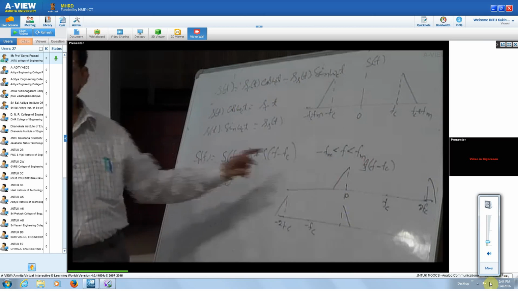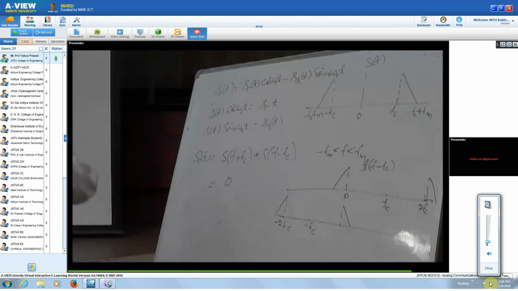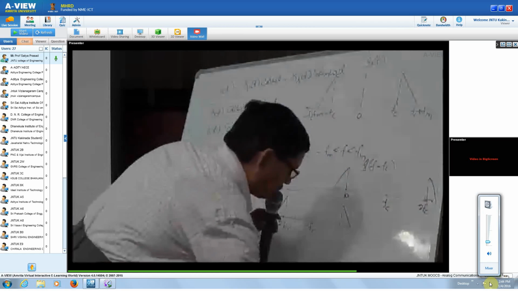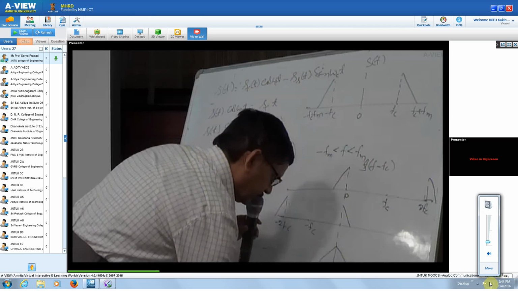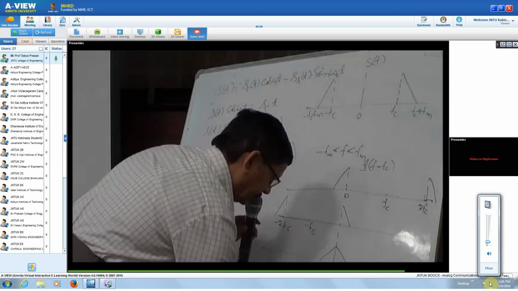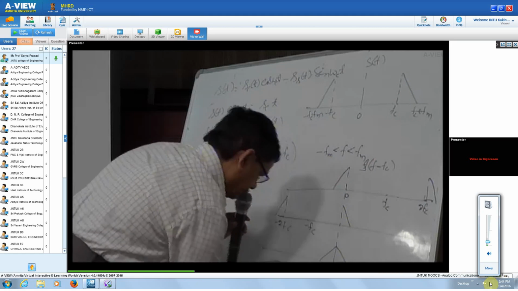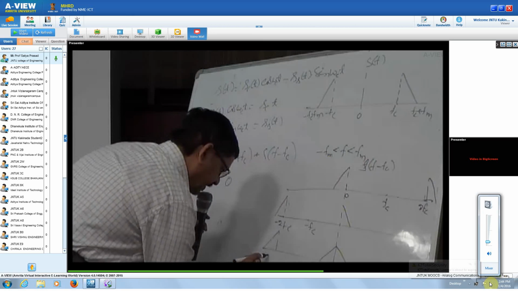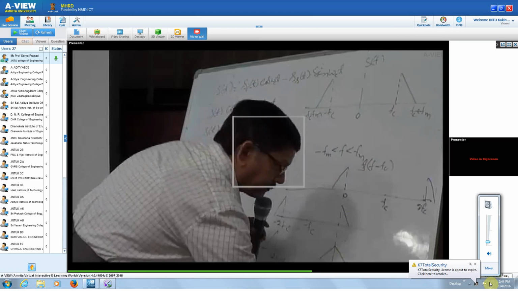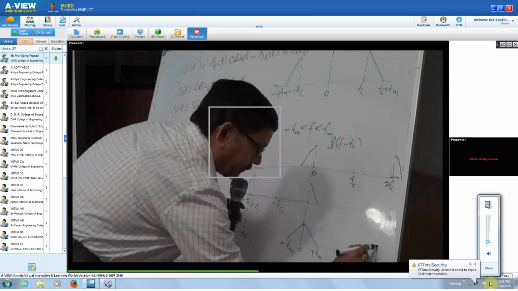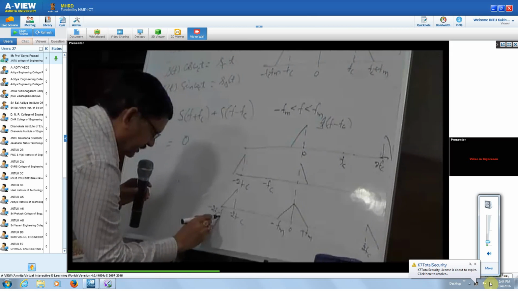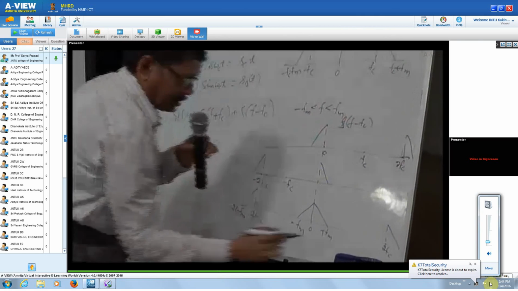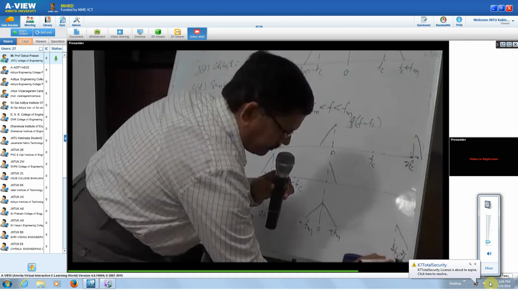When you combine these two, we are getting our S of f with half. Okay? Therefore, when you combine this, we are going to get these two, 0 minus Fm and plus Fm, minus 2Fc and plus 2Fc. Minus 2Fc minus Fm, and this is 2Fc plus Fm.